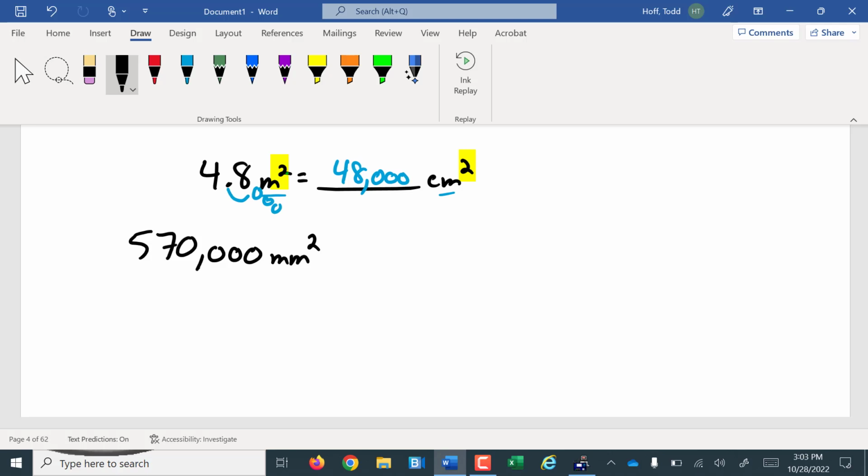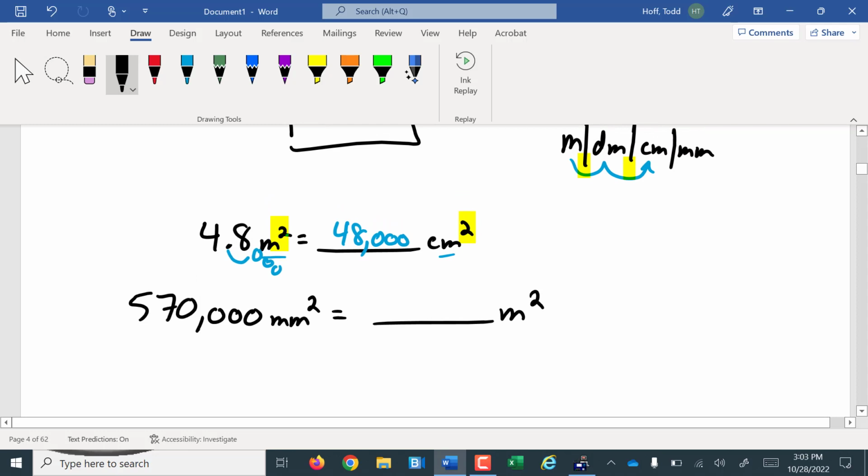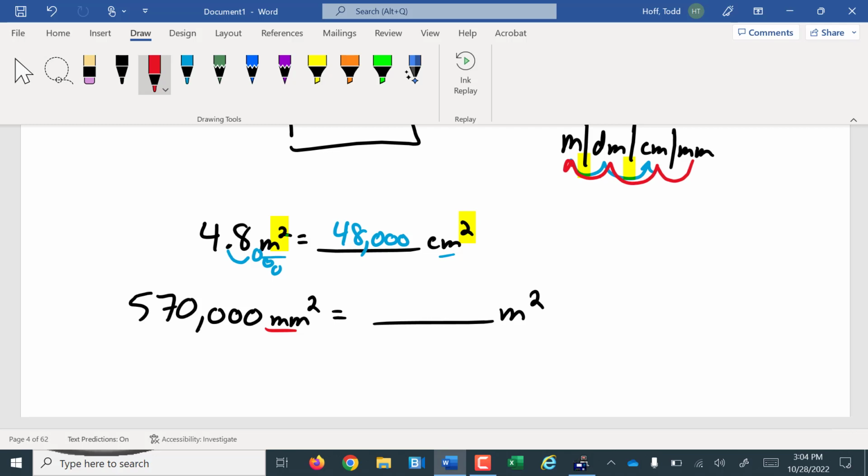570,000 millimeters squared. Does that sound like a big area? It sounds like it, but it's not even. If I convert that into meters squared, to get from millimeters to meters, it's 3 spots to the left on the chart, right? But since it's squared, each spot is 2 decimal places, so it's 6 decimal places. So the decimal starts there.